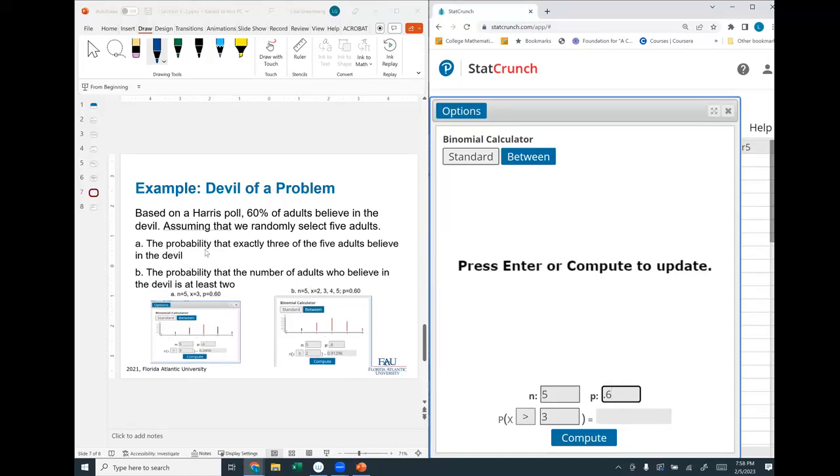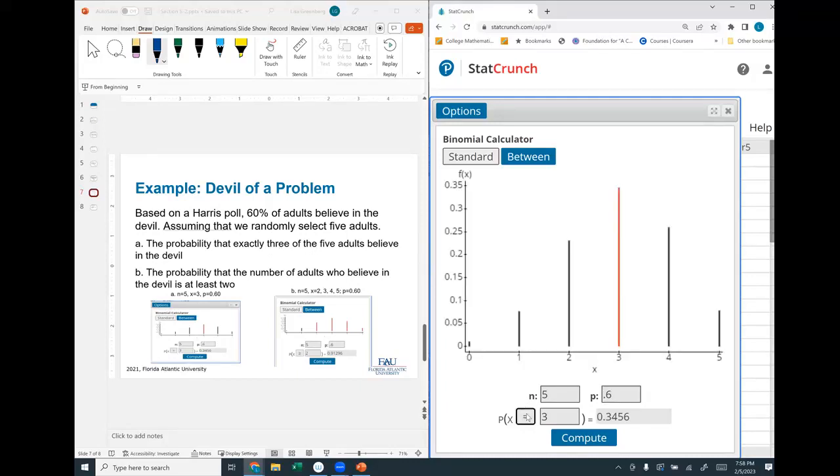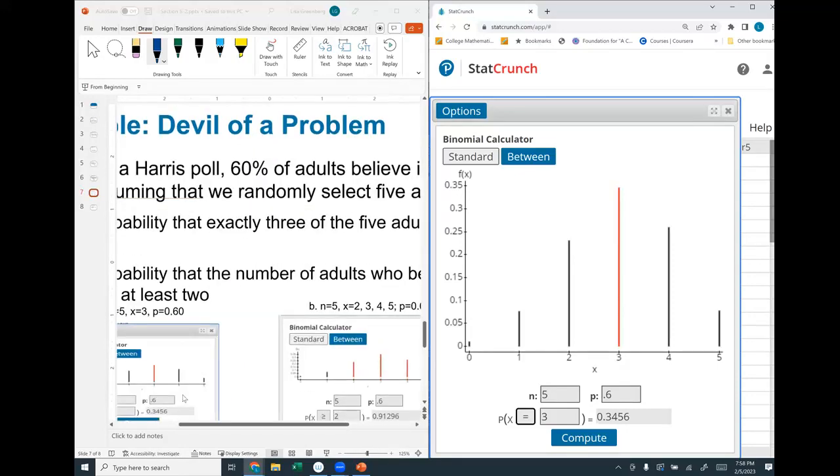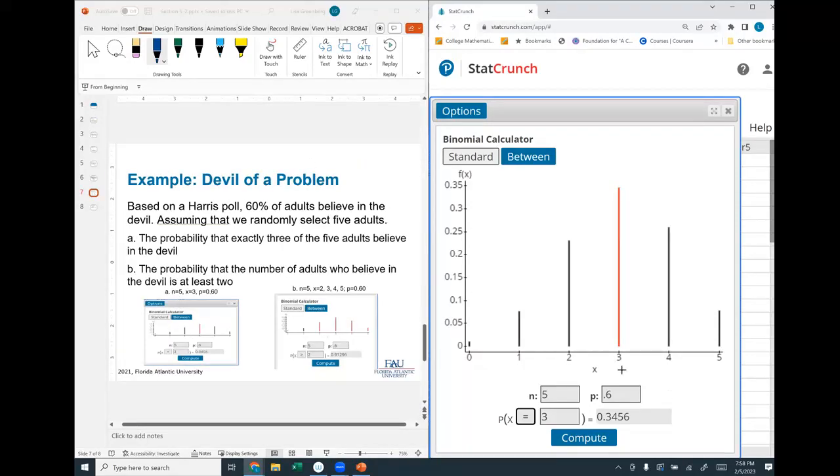A says we want the probability that exactly 3 of the 5 adults believe in the devil. Exactly 3 of the 5. And our number is 0.3456, exactly, okay? So that's the answer to A.